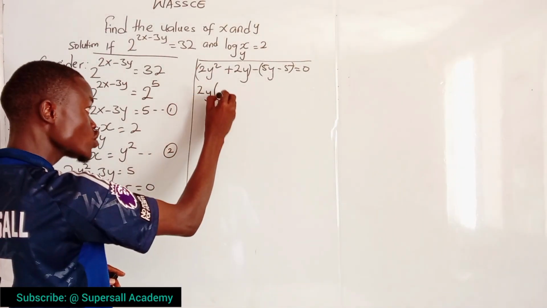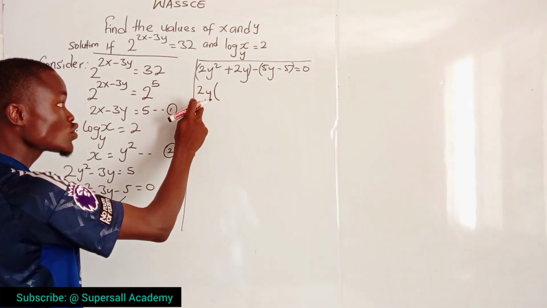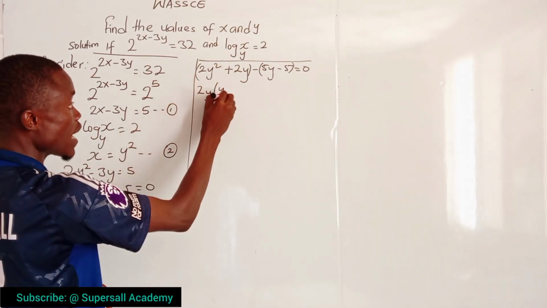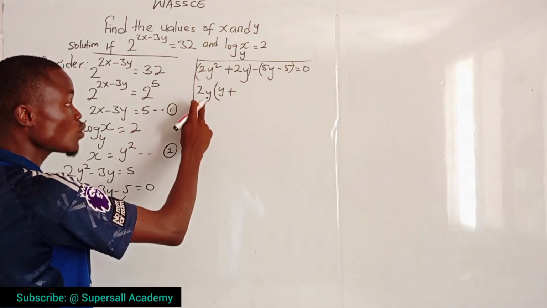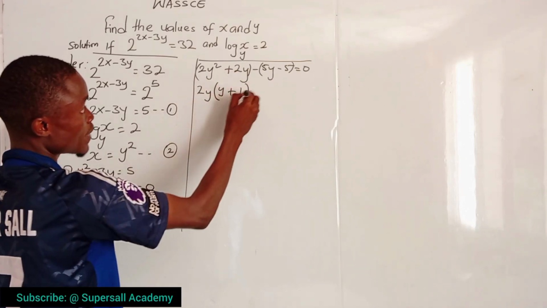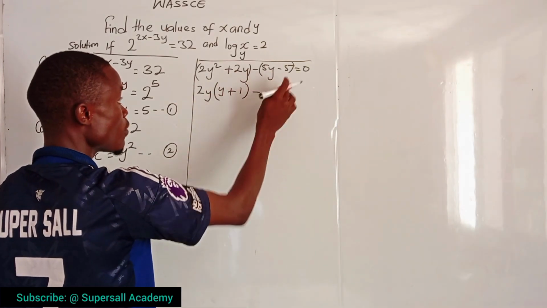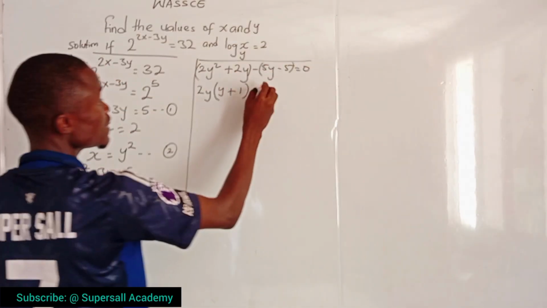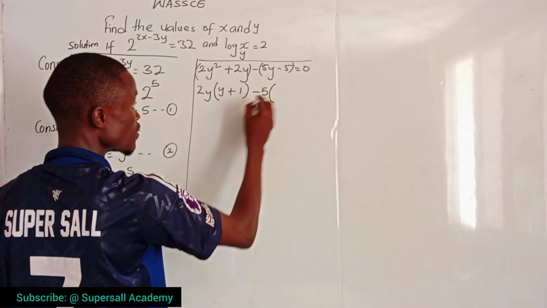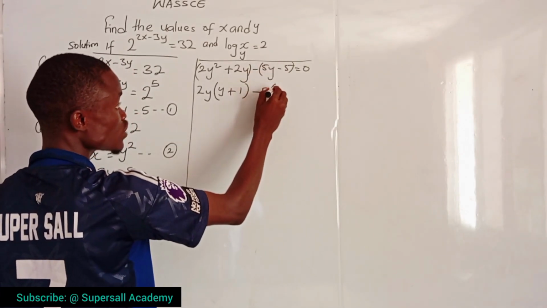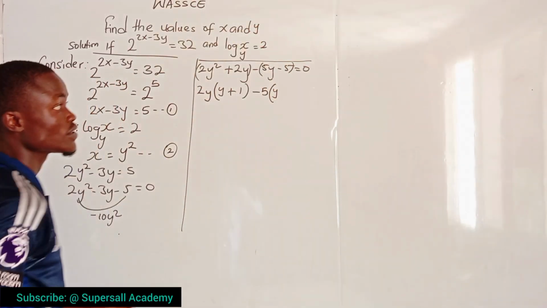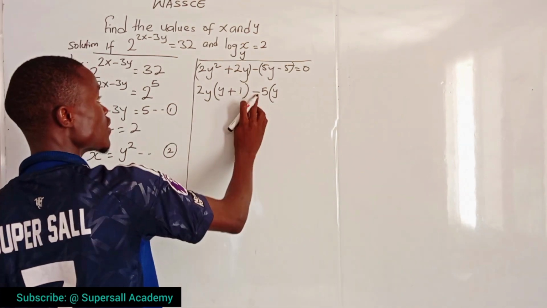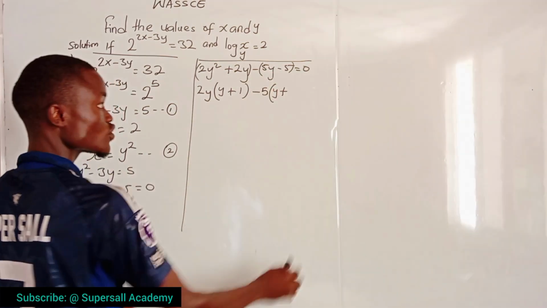So we have 2y into y. 2y into y is y, plus. How many 2y can enter into 2y? 1. Minus. The common factor here is 5. 5 into 5y is y. Minus times minus is plus.